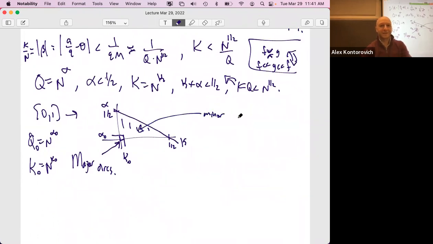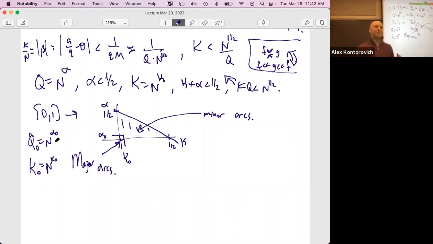So what is going to be small for alpha and kappa? They're going to be tiny powers of n. In other words, Q0 is a tiny power of n. It's 1 over delta minus 1 times theta, where theta is the spectral gap.